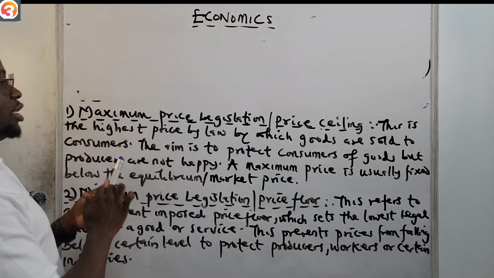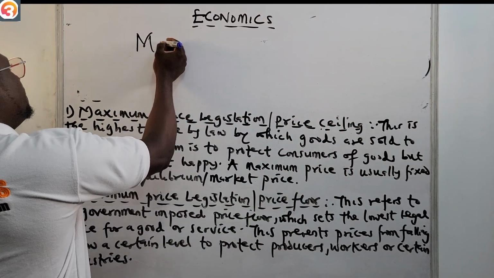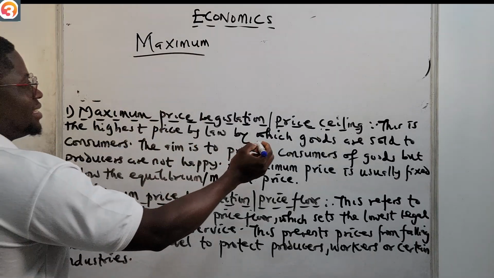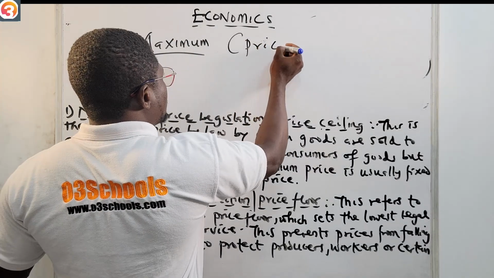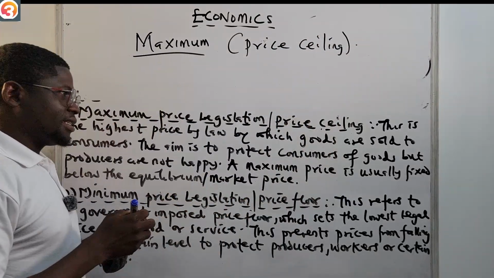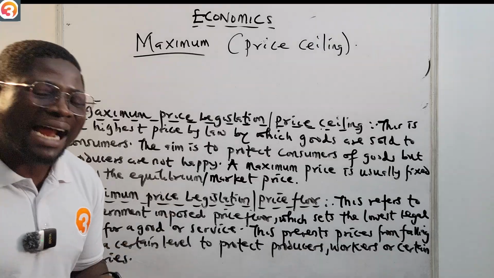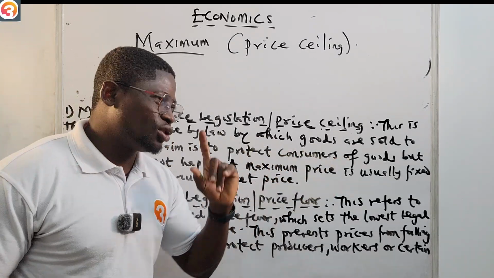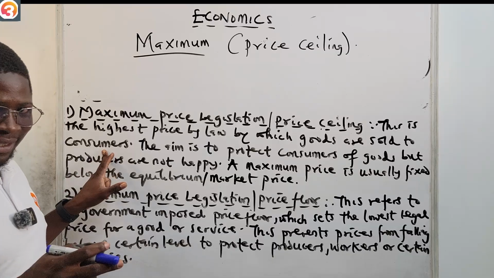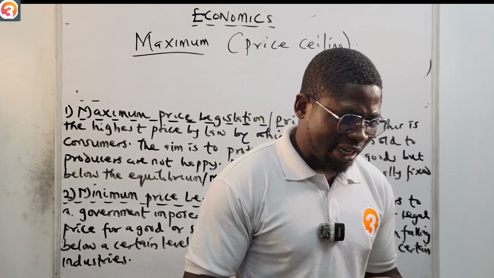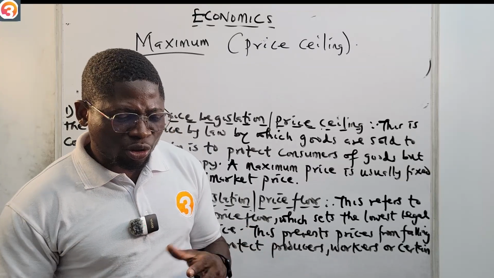Maximum price legislation is called price ceiling. This is the highest price by law at which goods are sold to consumers. Things are being sold in the market and the system is not controlling the price.